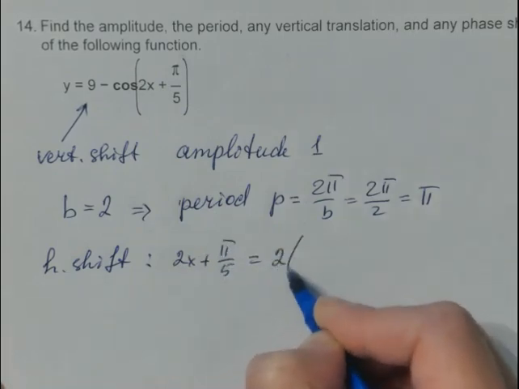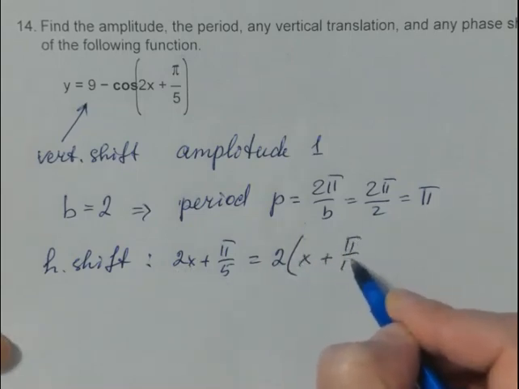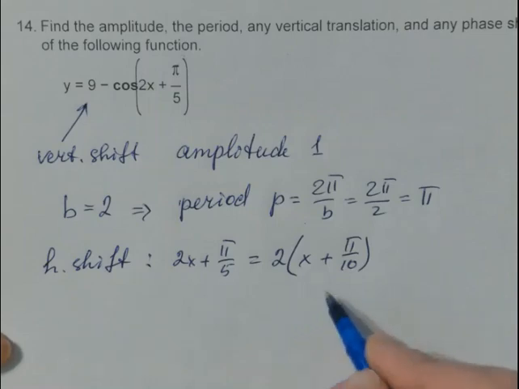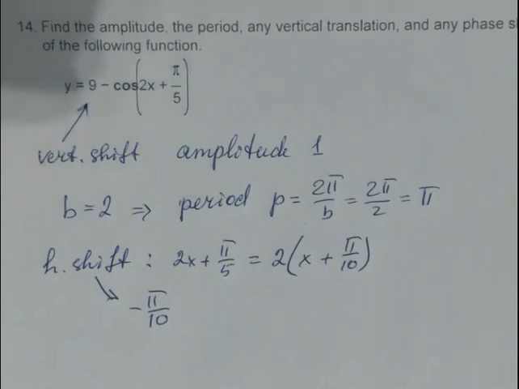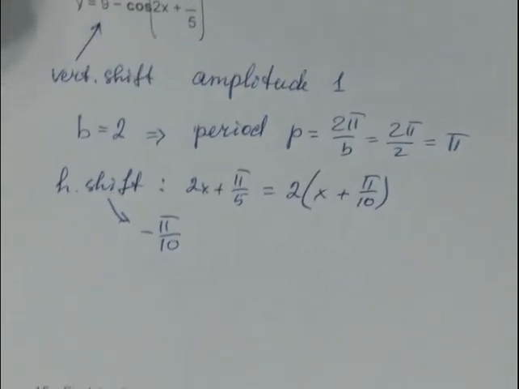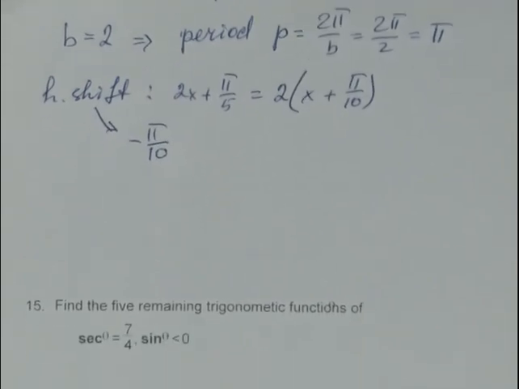When we factor out 2, we'll get x plus pi over 10. So the horizontal shift is negative pi over 10. I will not ask you for the shift on the exam, but you must be able to recognize amplitude and period.